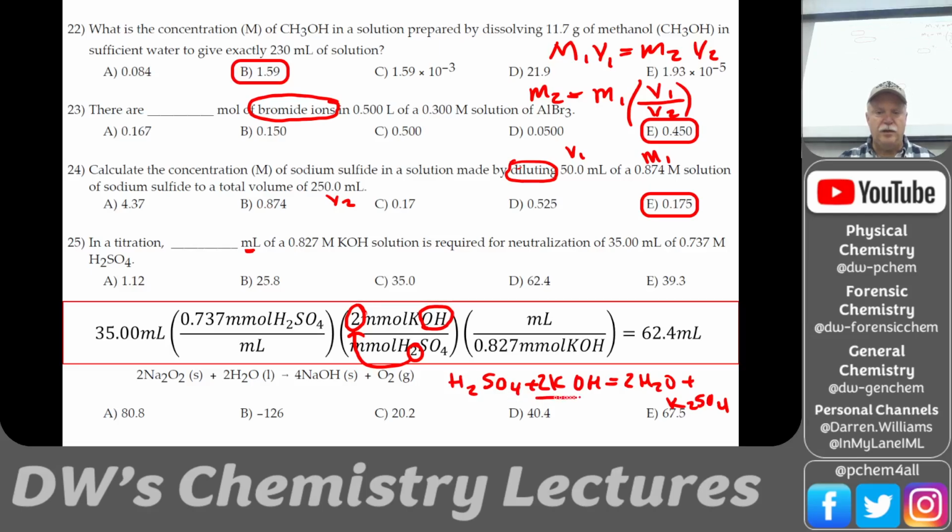And so it's that 2-to-1 ratio that we need to take into account when we're doing the titration. And then we get out of moles of potassium hydroxide using the molarity, and we get to mLs. So 62.4 mL.